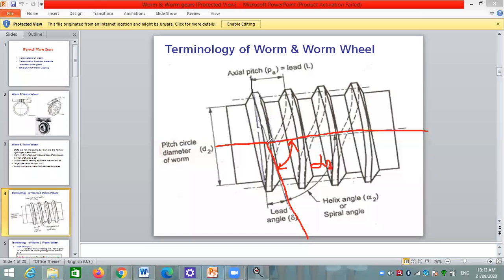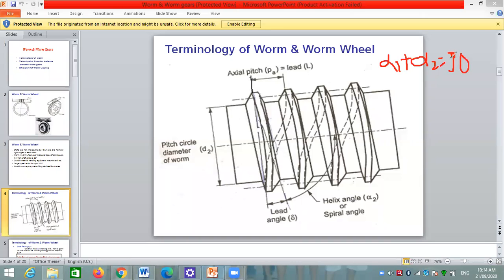both the axes of the shaft are perpendicular to each other. Therefore, if alpha 2 is the helix angle for a worm and alpha 1 is the helix angle for a worm wheel, then the summation alpha 1 plus alpha 2 is equal to 90 degrees.